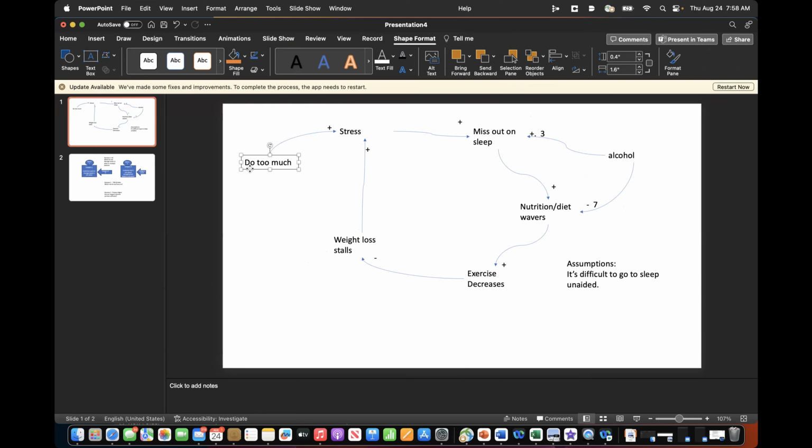There's some other factor that's involved, and that's why you're not getting the results, and you have to figure out what that factor is. So doing this causal loop diagram will actually help you figure out what is missing. Extremely powerful tool, right?